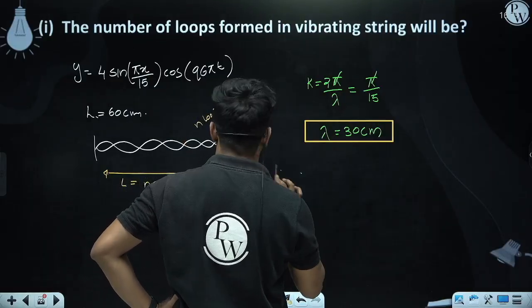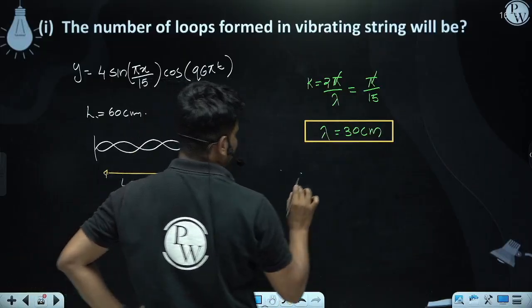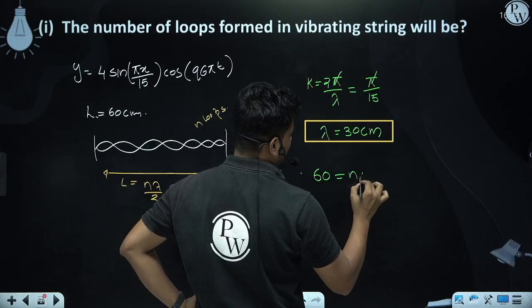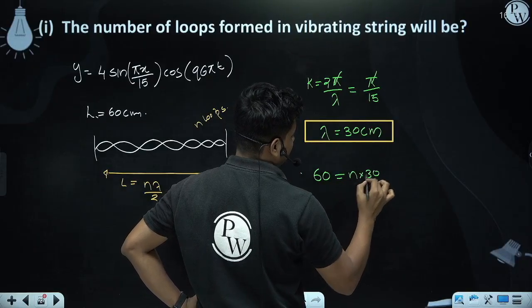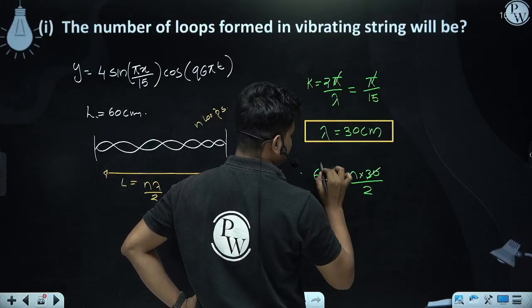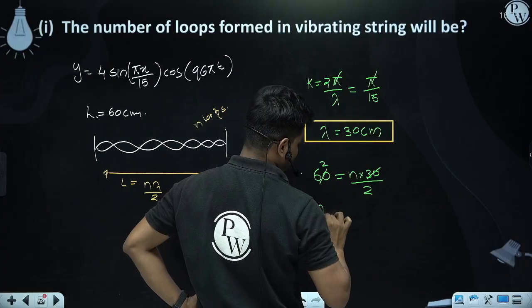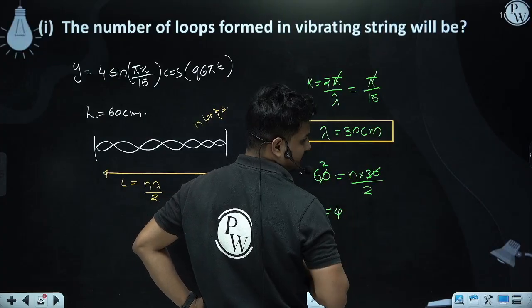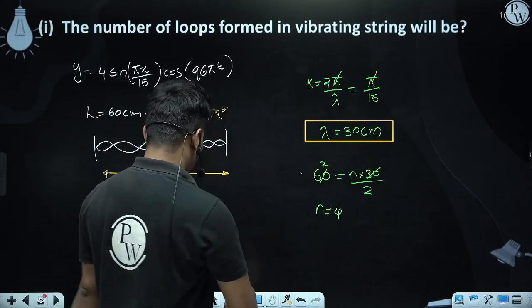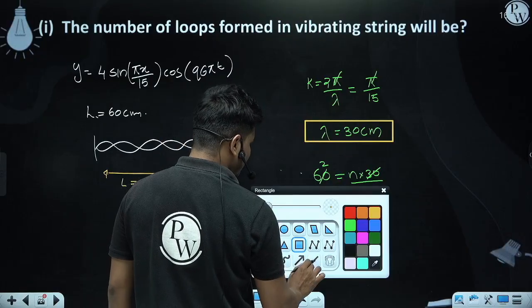Then L is what? 60 centimeter. That is equal to n into lambda, 30 divided by 2. So what is n? n is equal to 4. That means 4 loops are formed.